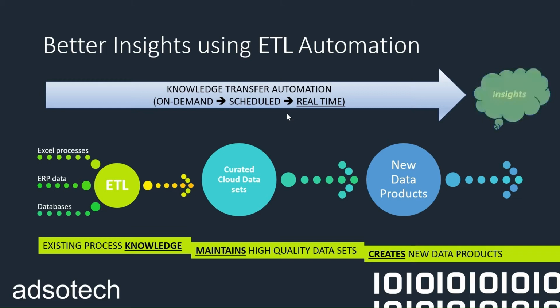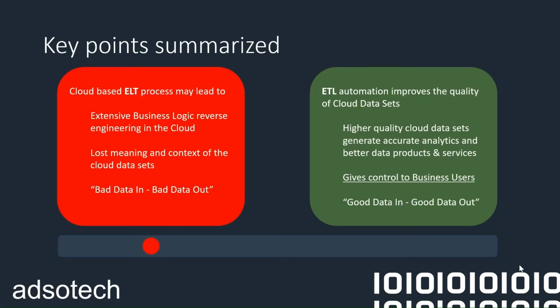So to put it all together, the ELT process can lead to extensive business logic reverse engineering. Also, because raw data sets often lack the descriptive information, we lose the meaning. And the good old bad data in, bad data out principle applies when we are moving data into the cloud.